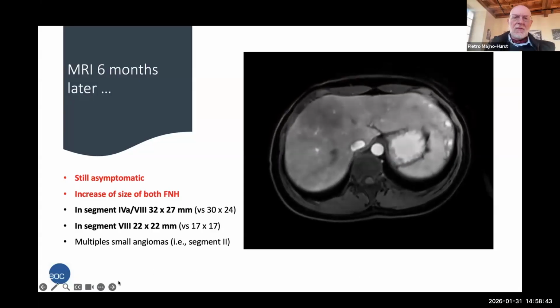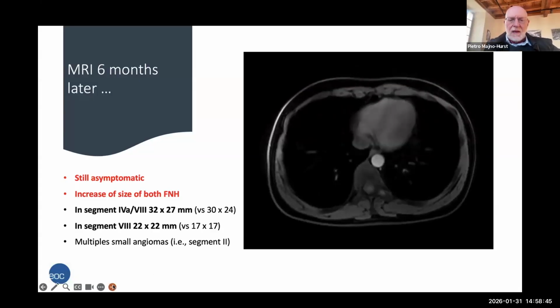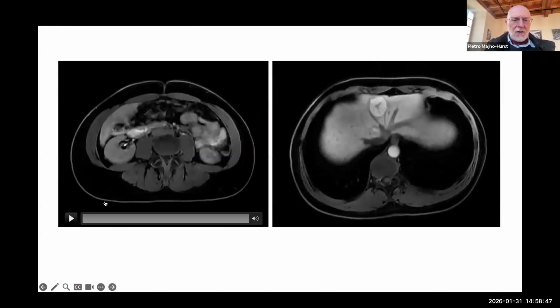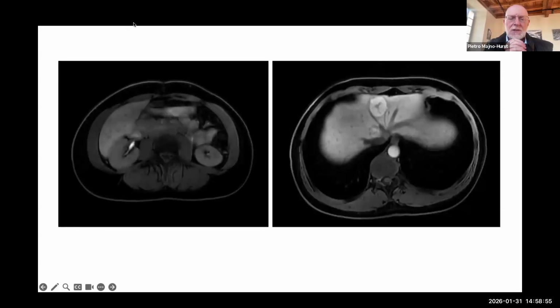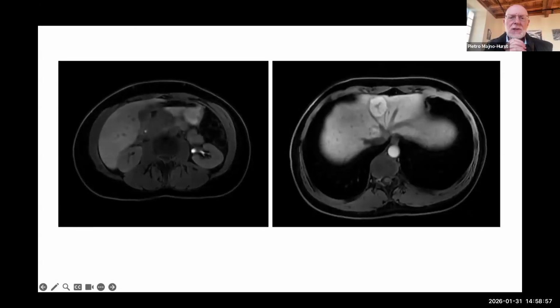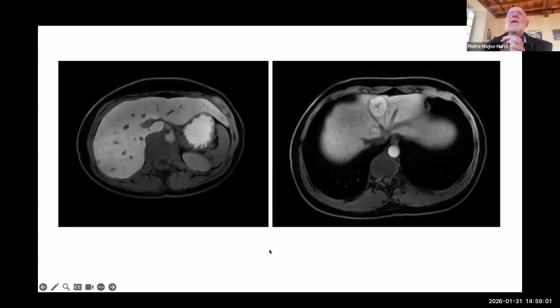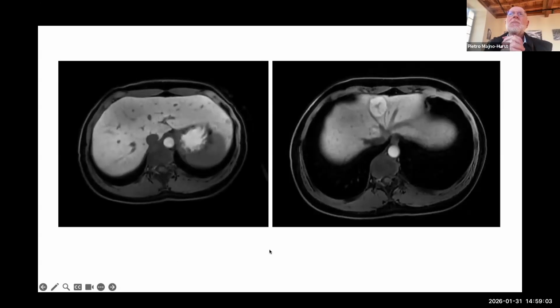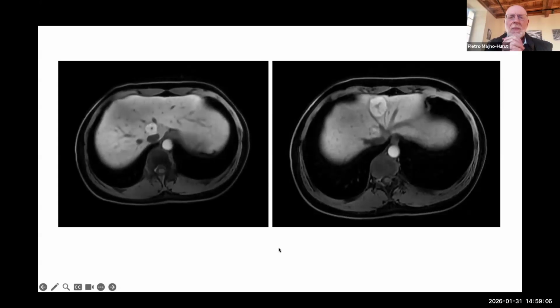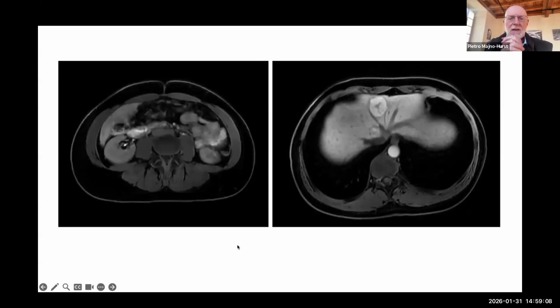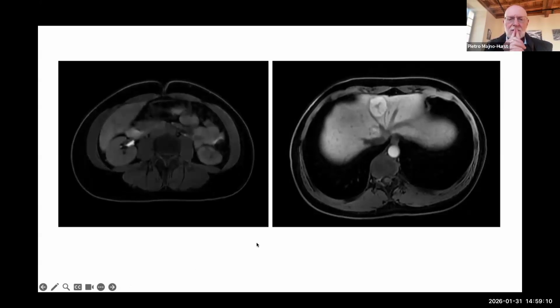Right. Thank you very much, Lorenzo. Yeah. I was the one to insist on this presentation because normally what we say is FNH, diagnosis of certainty by a radiologist, no need for follow-up. But we have here, which we didn't ask for because the patient was just presented to us now, a growth in the lesions.